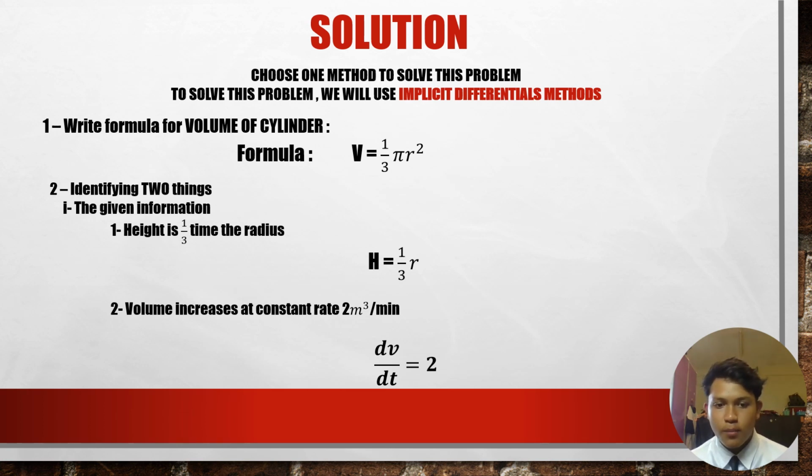First, the height is 1/3 times the radius, so h equals 1/3 r. Second, the volume increases at a constant rate of 2 cubic meters per minute, so dV/dt equals 2.